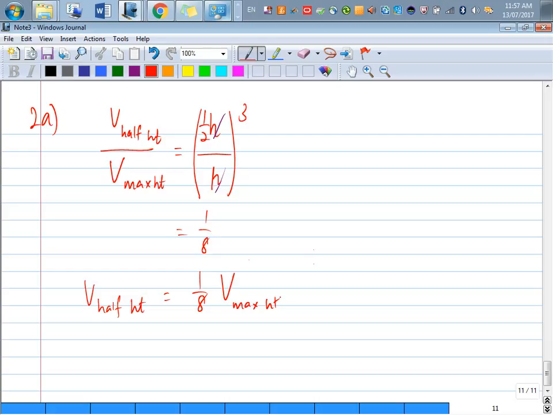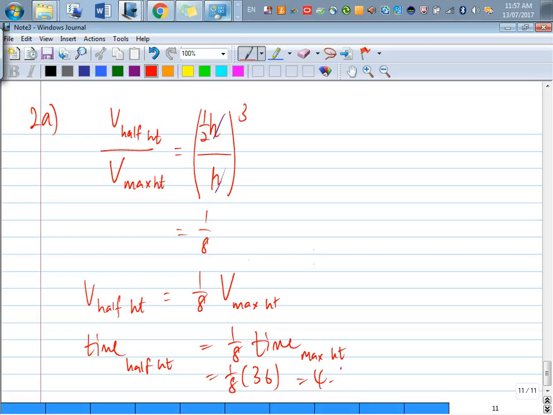So since you take 36 seconds to fill it up completely, what is the time taken to fill it up to half height? Then time at half height is equal to 1 over 8 time at full height, which is 1 over 8 times 36, and you get 4.5 seconds.